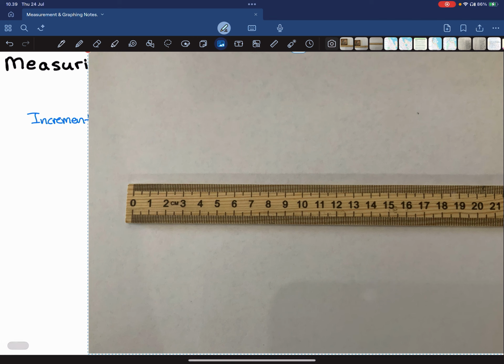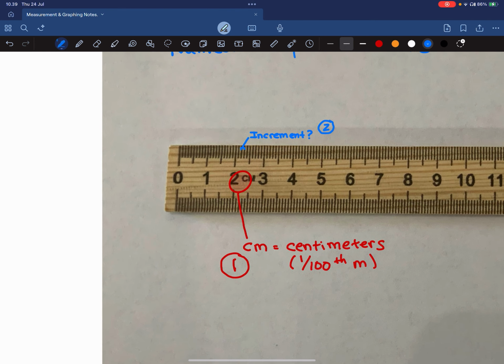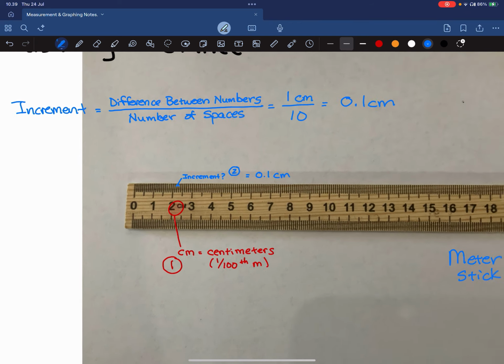So 1 divided by 10. When you put that in the calculator, you get 0.1 centimeters. So each one of those little spaces is 0.1 centimeters. All right, so that is figuring out your increment.